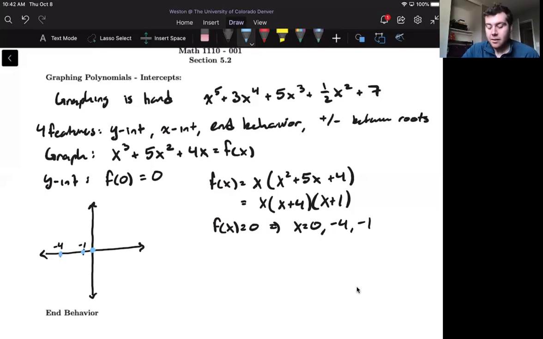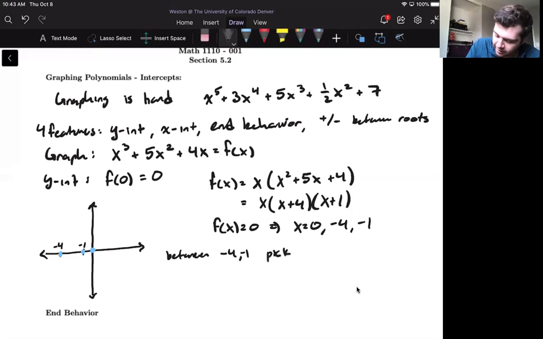And this is sort of a skeleton for our graph. Now we want to check what goes on between the roots, if it's positive or if it's negative. And to do that, we can just pick 1 point between each interval. So between -4 and -1, we'll pick a nice number.